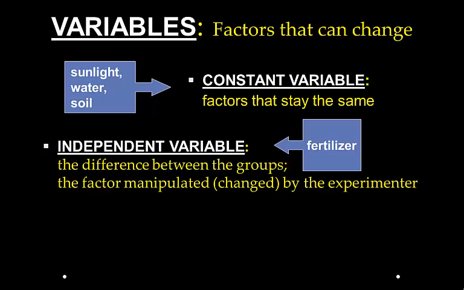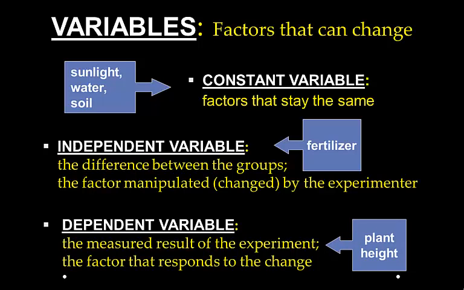As the independent variable is changed, the dependent variable, also called the responding variable, is measured for any variation. In our corn example, the independent variable is the fertilizer and the dependent variable is the height of the plant.